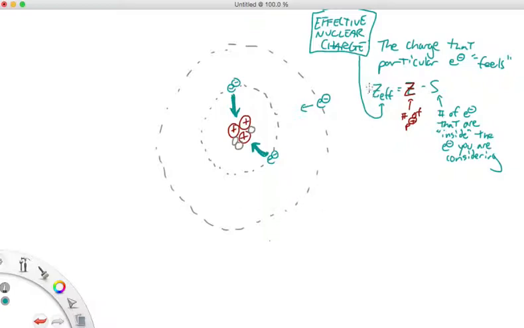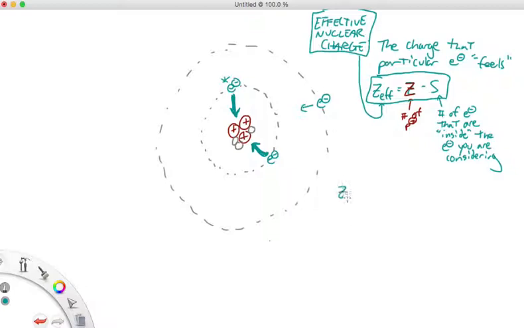So let's go back to this formula here for effective nuclear charge. We've got Z_eff equals Z minus S. Z is the number of protons. In this case, for this atom right here, first let's choose one of these electrons. If we choose these electrons, it's going to have a different effective nuclear charge than this. Let's choose the inner electrons here. Let's choose this guy. This is our guy I'm going to calculate effective nuclear charge for right now.